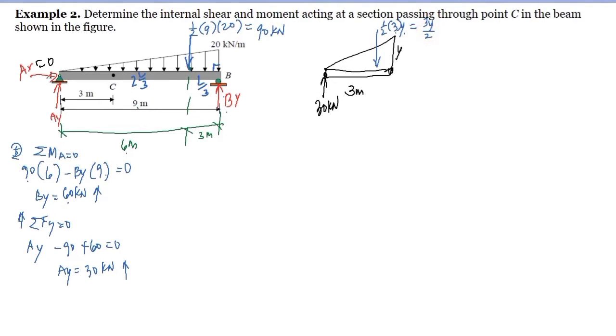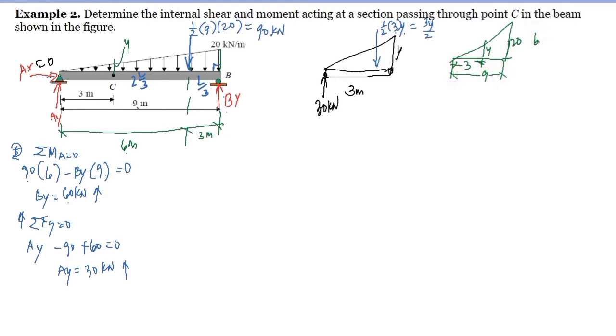Now, in order for us to solve for the value of Y, we have to take the ratio and proportion. If in here this is Y, this is 20, you have this triangle here, this is Y and this is 20 and this is 3, and this is 9.